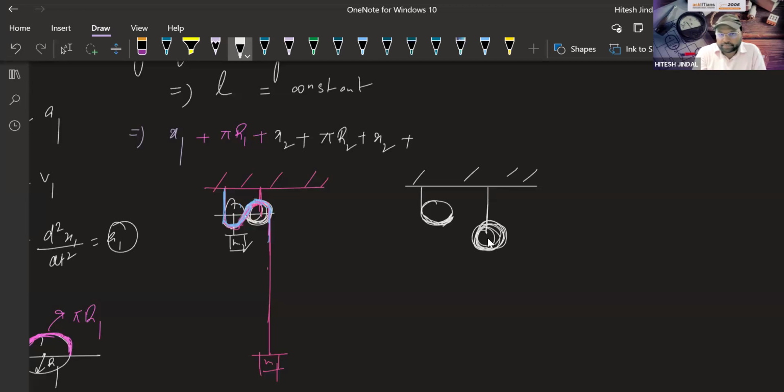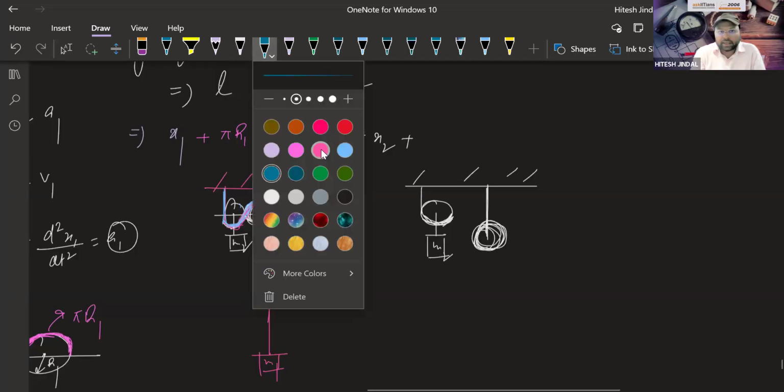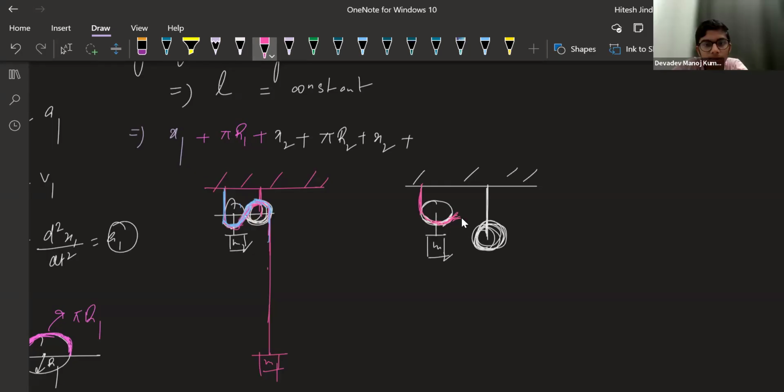I'm imagining that situation, that it has gone up past it. Then how will this string connect? How will it go? That's what I'm saying, that it's not possible. So it will stop when they become level.